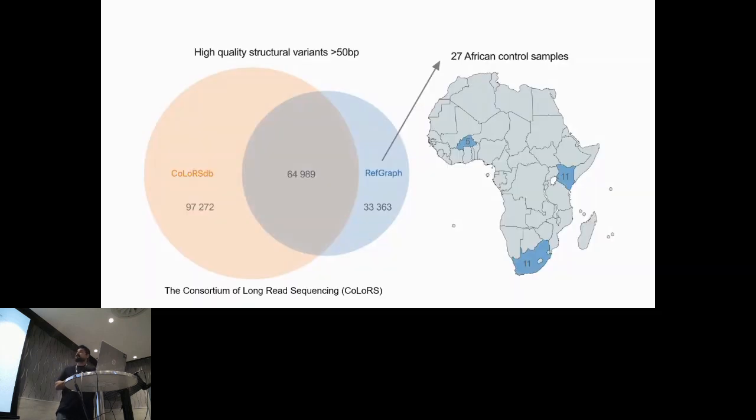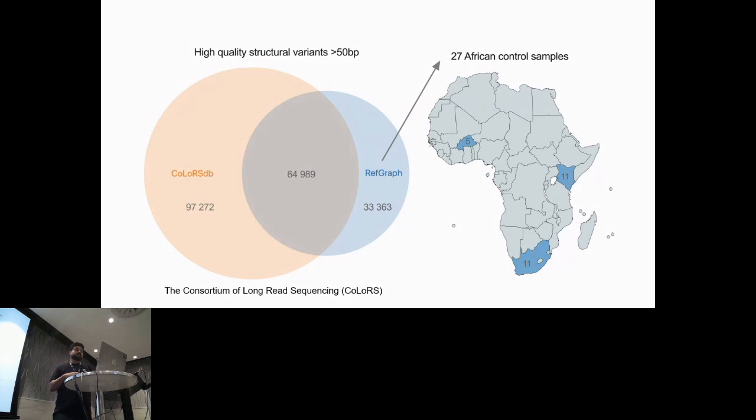Also, one interesting thing that we just found last month, when we compared with CoLoRSdb. CoLoRSdb is a consortium of long-read sequencing. It aggregates data from about 1,400 long-read genomes from a diverse group of institutions with ongoing HiFi sequencing research projects, and they also included other control cohorts like HPRC and AGSVC.